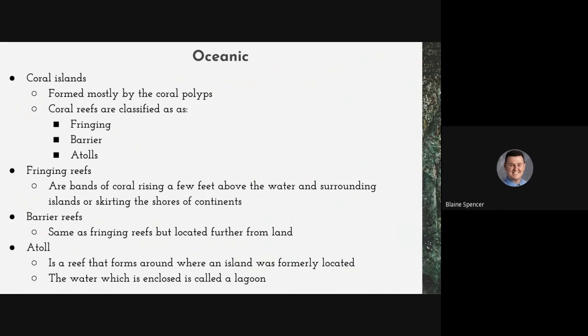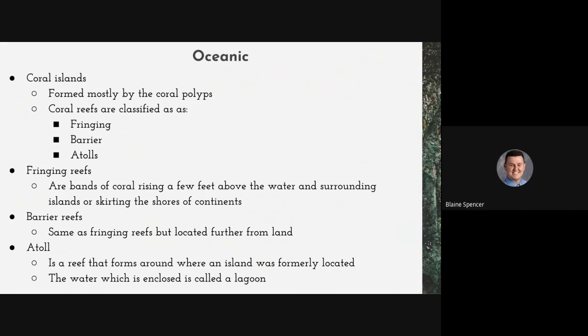So these types of islands are going to be formed by coral, creating these areas. The second type of coral islands are going to be called barrier reefs. We usually hear about these a lot because they have similarities to fringing reefs. However, they are located away from land. They're going to be located out in the middle of nowhere.